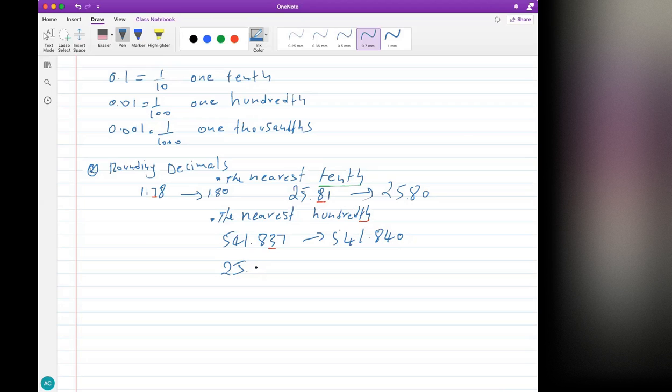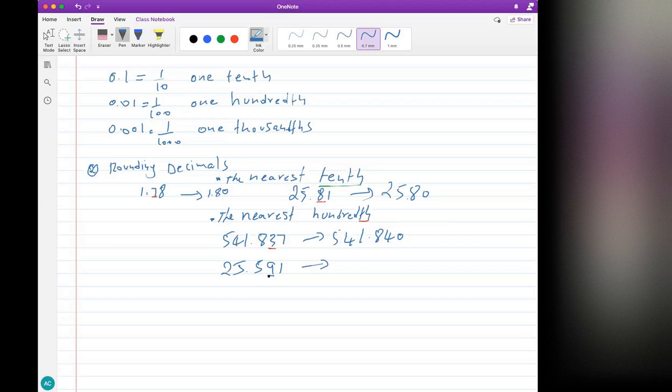Okay. So let's do another one here. Let's say 25.59. What digit is in the hundredths position? The 9. So we look at the 9. Well, actually, let's put some number here.